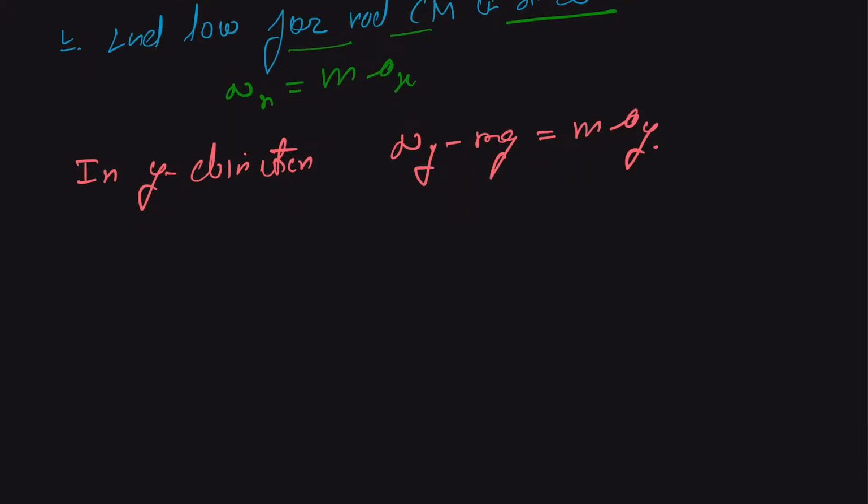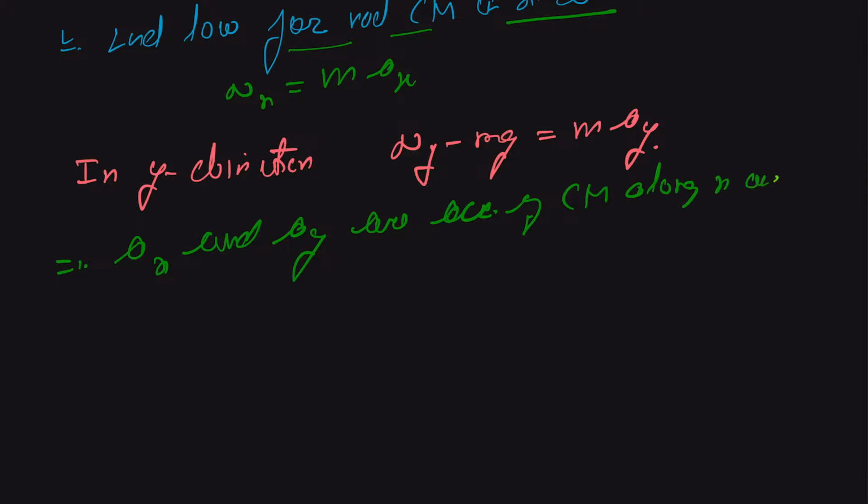Okay. So let me put it here. We can say that a of x and a of y are the acceleration of center of mass along x and y axis, and we can find out the values of x as well as y in terms of our centripetal as well as our tangential acceleration.